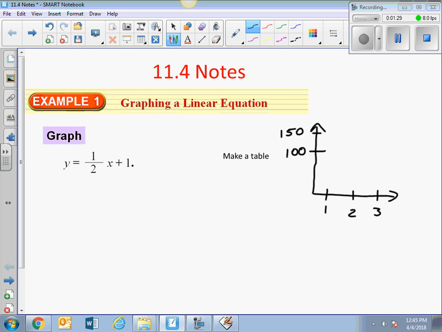So we start at 100, and then our next point would be at 1 and 150, where these would be months and this here would be our money. If you add another 50, it would go to 2 months and then 200 total dollars.